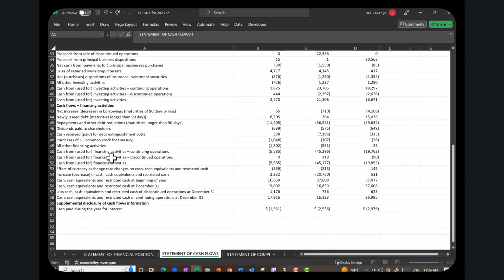It's in financing activities. Let me see. Borrowing, that's dividends. Oh, I have to get that too, but purchase of GE common stock, that would be a -1.